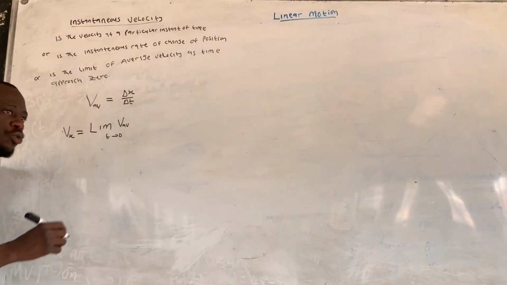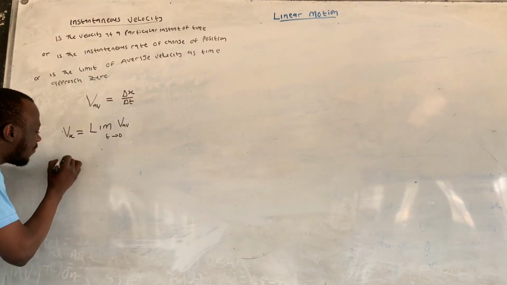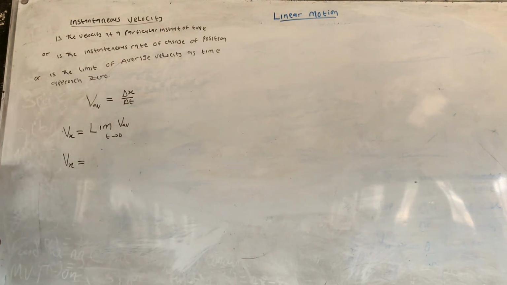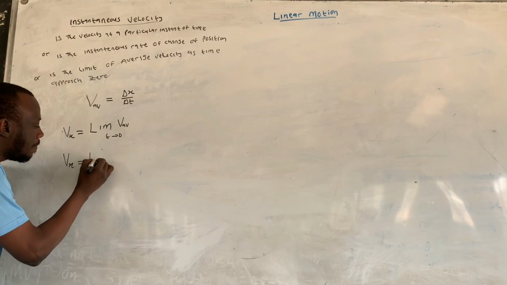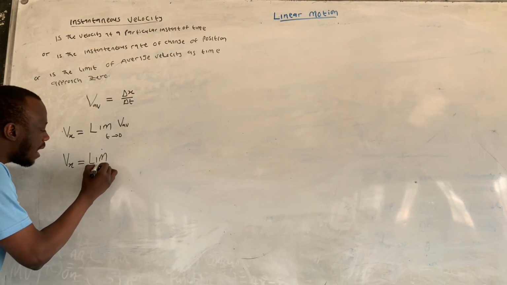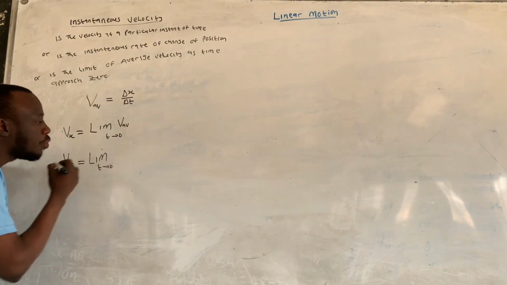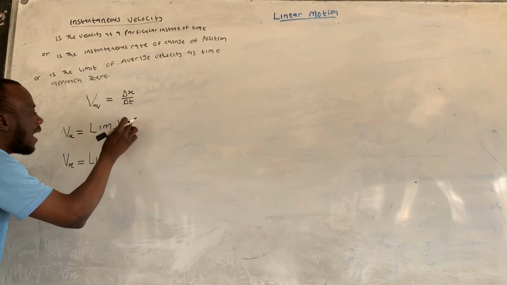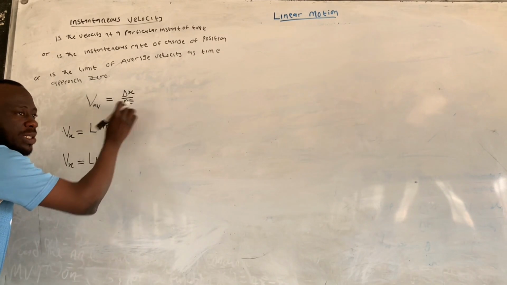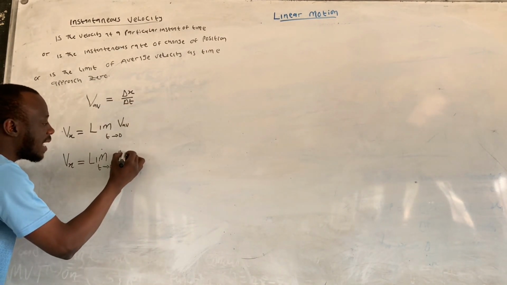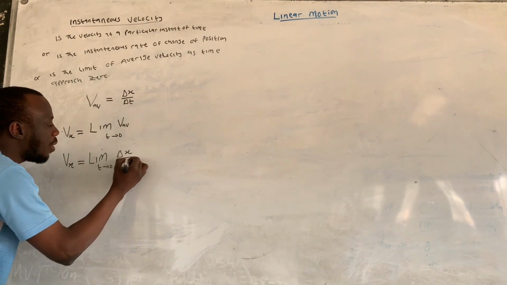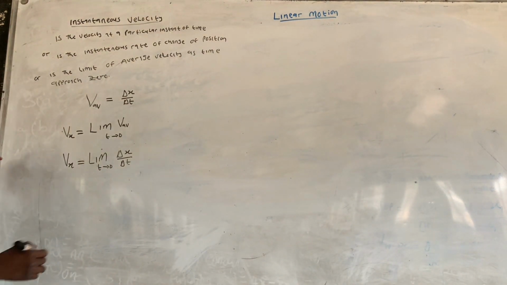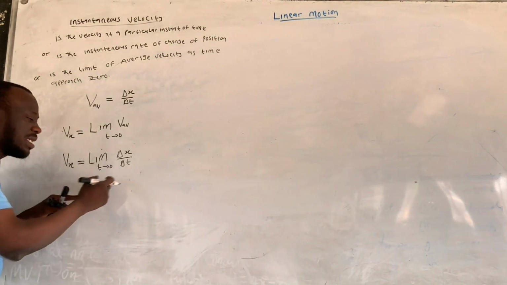From here we can say that Vx equals the limit as t approaches 0 of delta x over delta t. So either you use this or it's all the same.